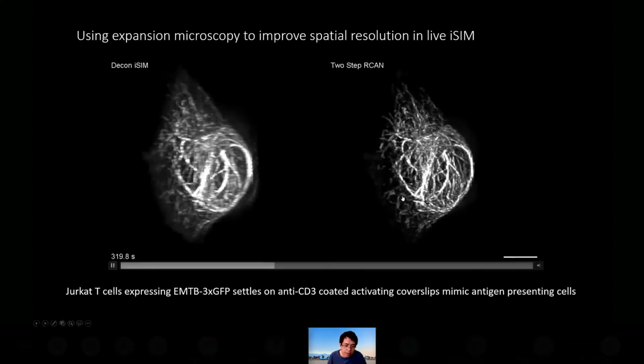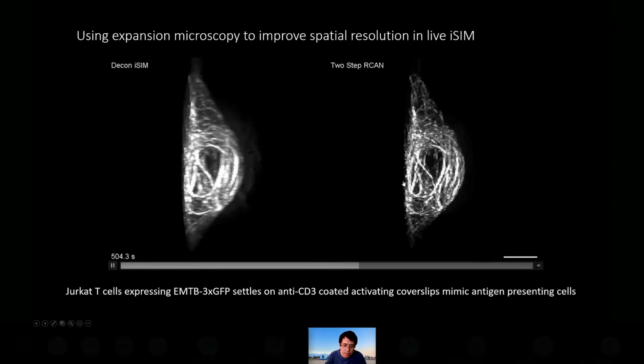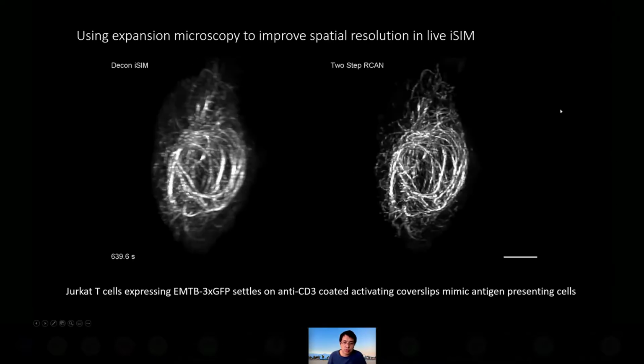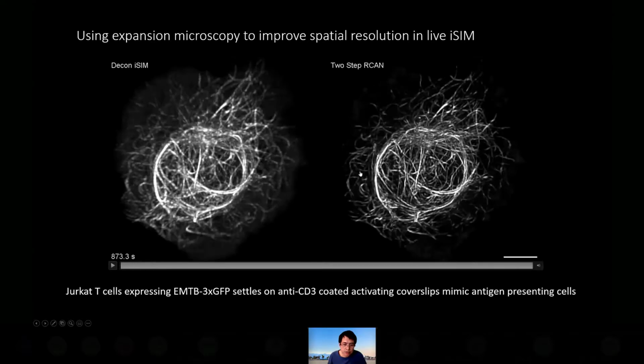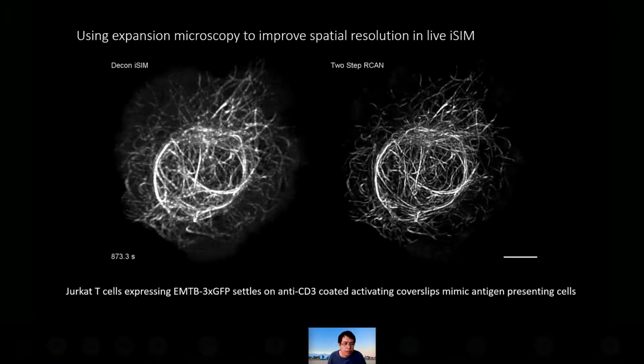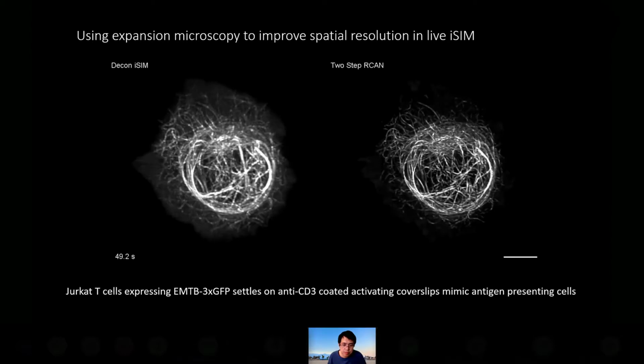So you can see the microtubules are spread nicely on the coverslips. And in the two-step RCAN results, we can resolve these microtubule structures much better compared to the iSIM images.